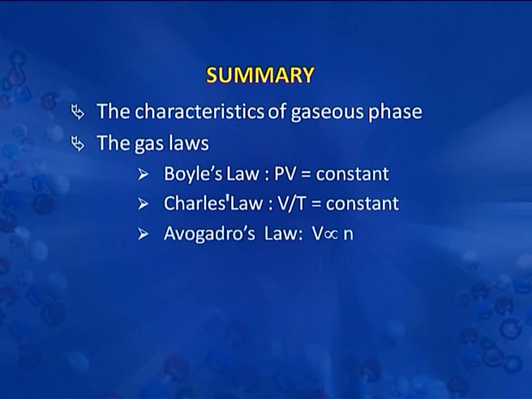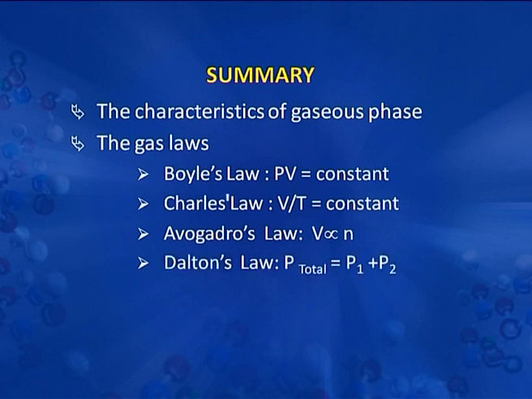In Avogadro's law, V is directly proportional to number of moles. So, V by n is constant. Then for Dalton's law of partial pressure, P total is equal to the sum of partial pressures of the gases, that is P1 plus P2.